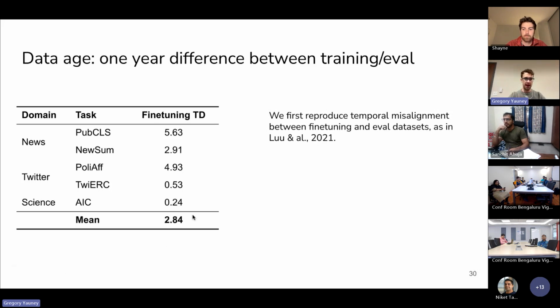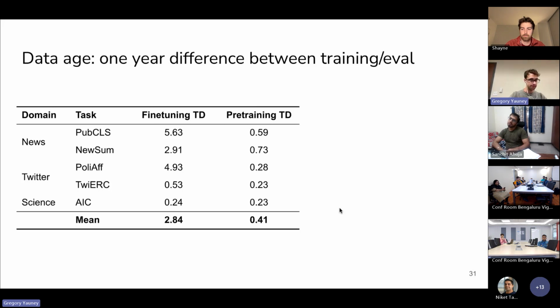And there we see on average, the way this temporal degradation metric works is that for every year of difference between the fine-tuning data and the eval data, there's a drop of 2.8 accuracy points on these classification tasks. When we turn to pre-training, we see that on average, there's a much smaller drop, only a 0.41 drop in accuracy for every increased year of difference between the pre-training data and the eval data.